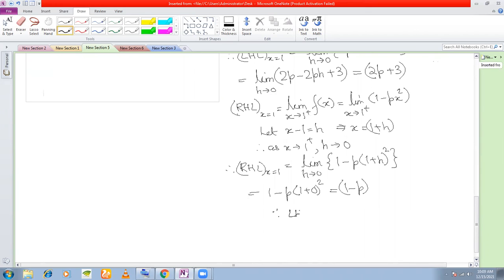Since left hand limit at x is equal to 1 is equal to right hand limit at x is equal to 1, we must have 2p plus 3 is equal to 1 minus p, so you get 3p is equal to minus 3, so you get p is equal to minus 1.